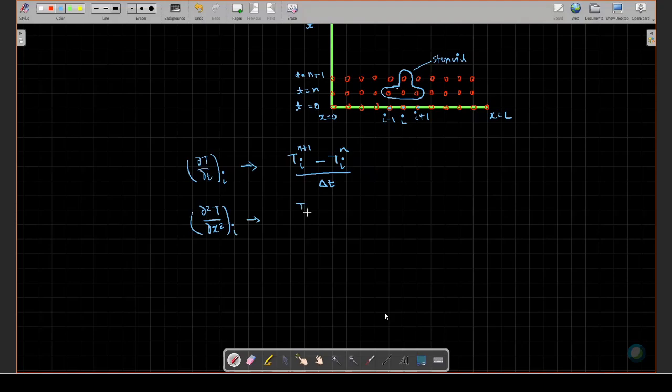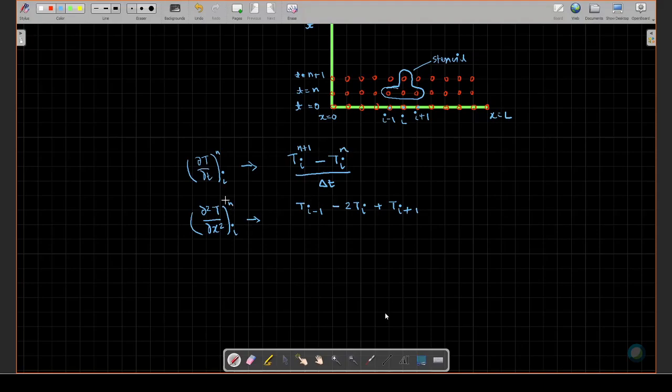We already saw that, that is Ti minus 1 minus twice Ti plus Ti plus 1. Okay, and the index here also is n, since it is forward in time, we took this.